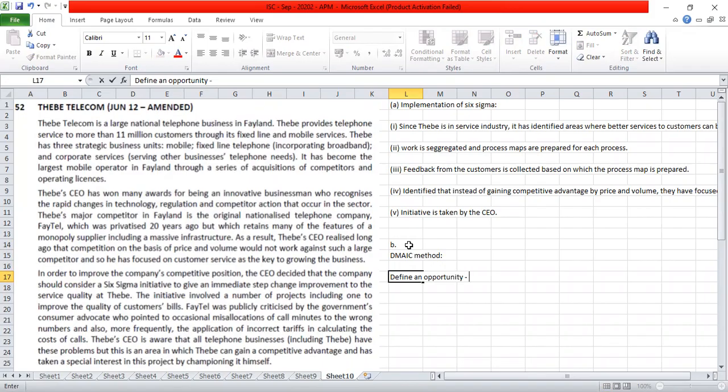What's the opportunity? The opportunity is to, in detail, you write what it means: provide better services.